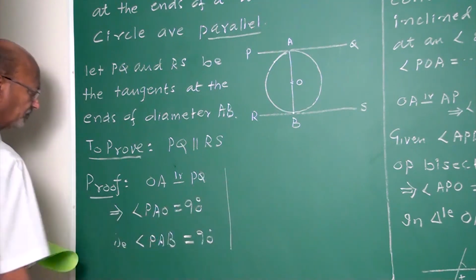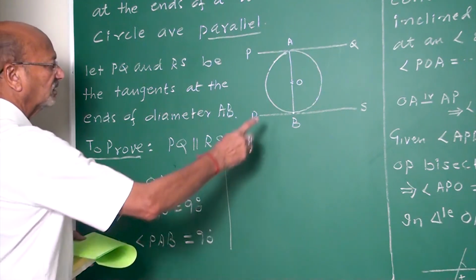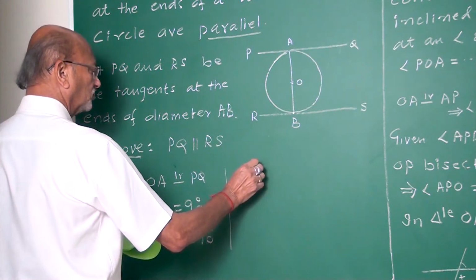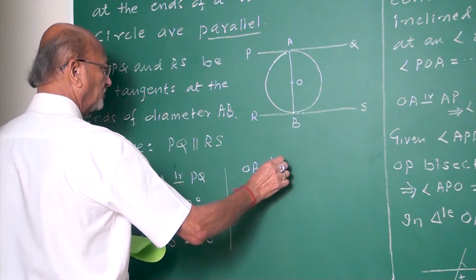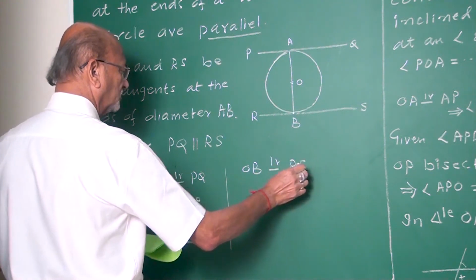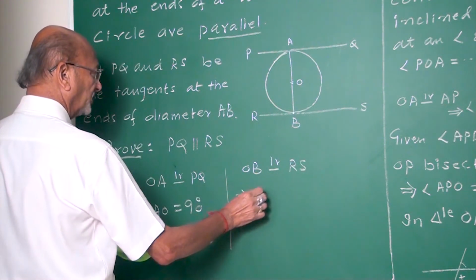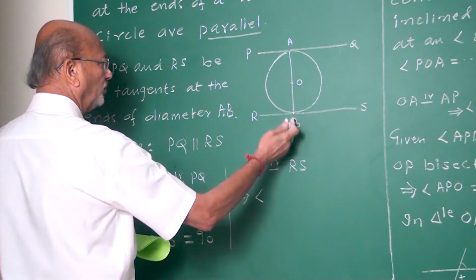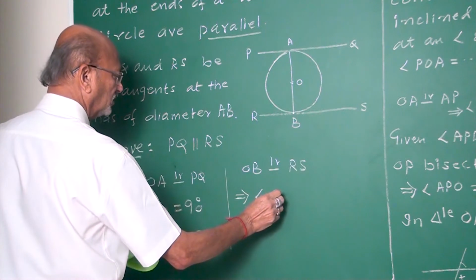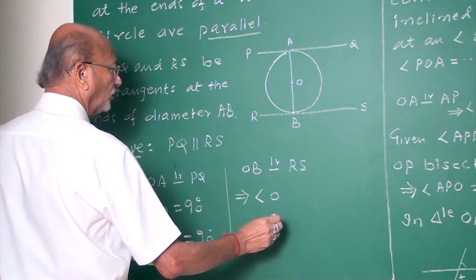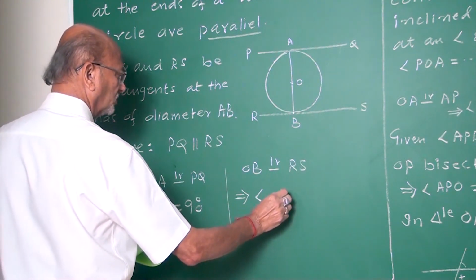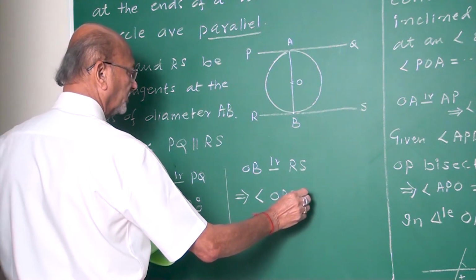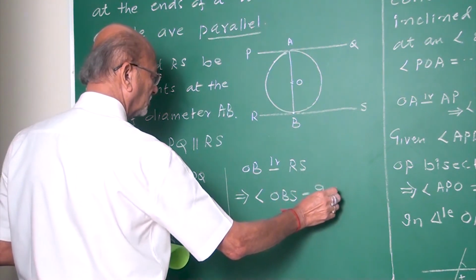This is 1. And what is that? OB is perpendicular to RS. This implies angle OBS is 90 degrees.